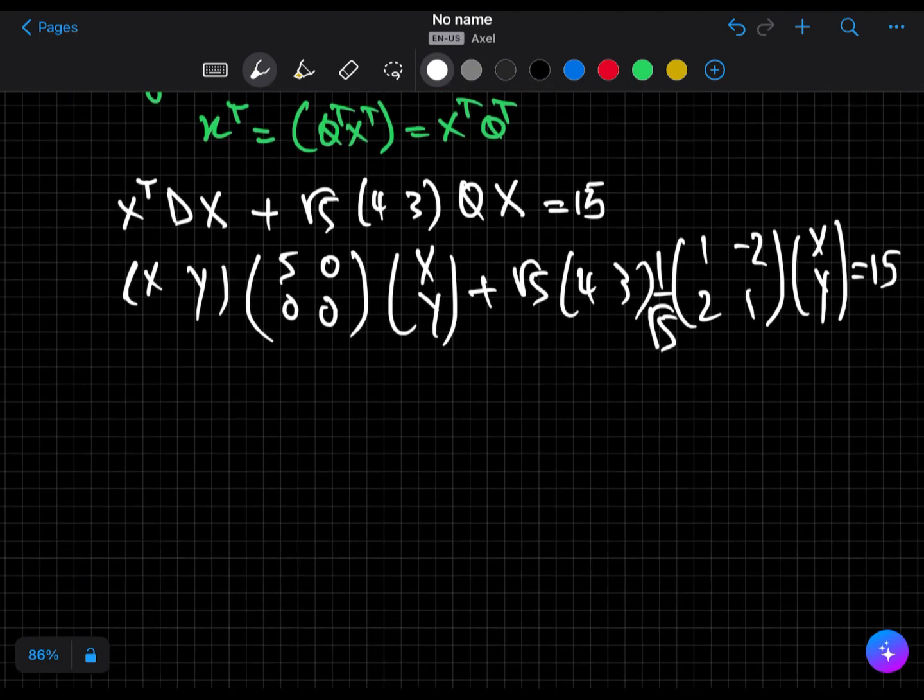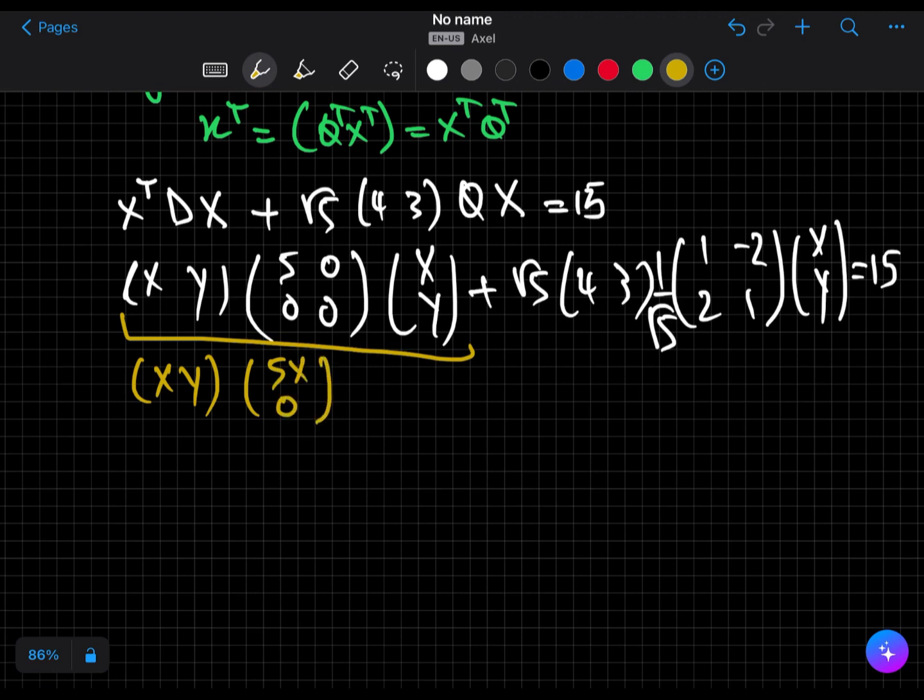Now I can also apply some simplification here. Or if you want, I can have x, y times 5y, and then 5y 0, which will be equal to 4 3 times x minus 2y, 2x plus y, equals to 15.